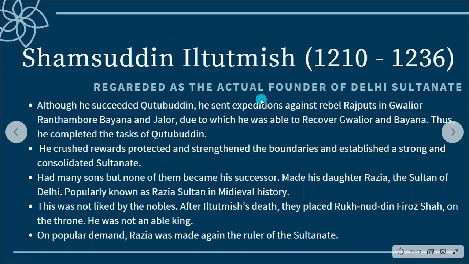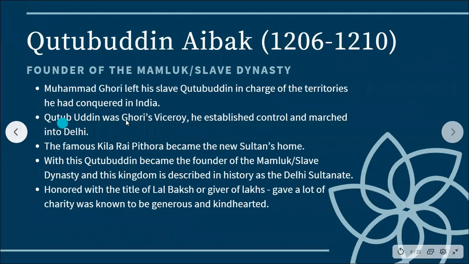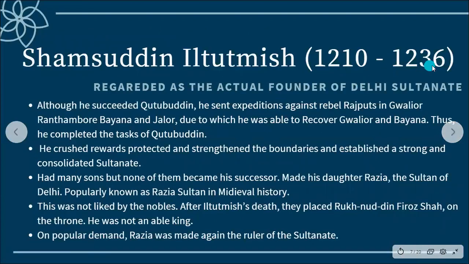Next after Kutubuddin Aibak, we have Shamsuddin Iltutmish. Right? Kutubuddin Aibak ruled for 4 years from 1206 to 1210. From 1210 to 1236, you have Shamsuddin Iltutmish. Now, this man is actually regarded as the actual founder of the Delhi Sultanate.